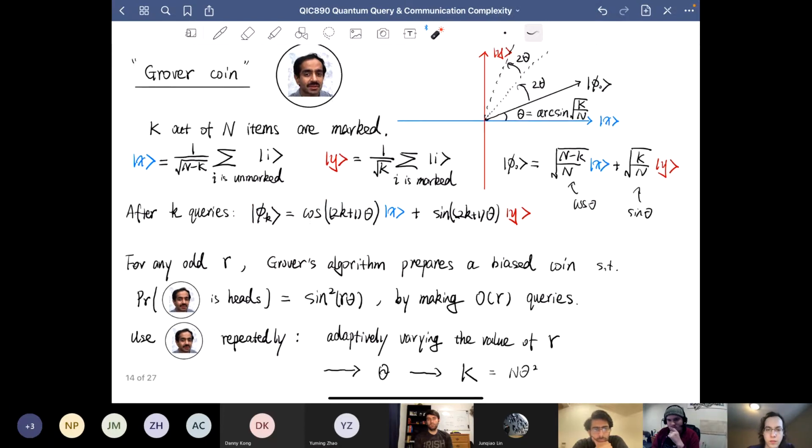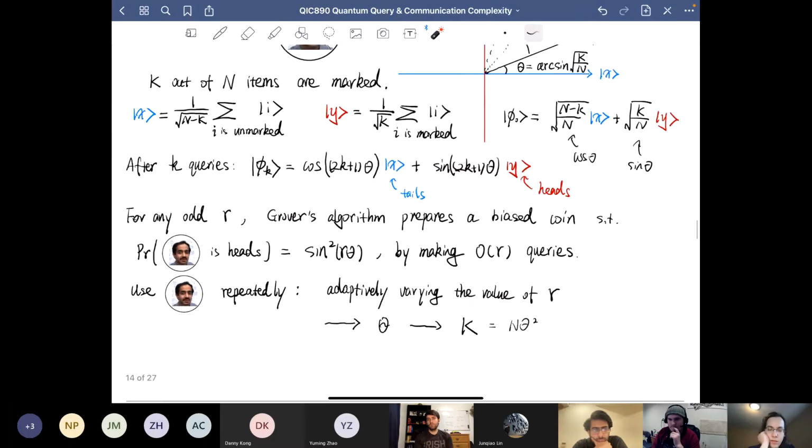And measuring this phi k is basically a biased coin. Why? Because you can simply view y as the heads and x as the tails. So when you measure the state, it will give heads with probability sine squared of (2k plus 1) theta.